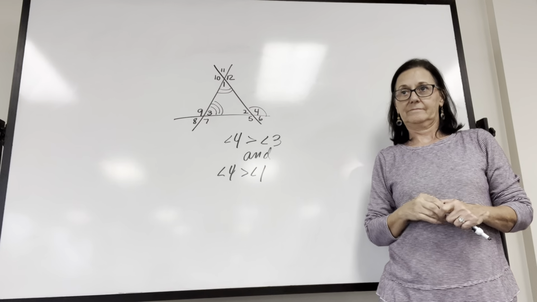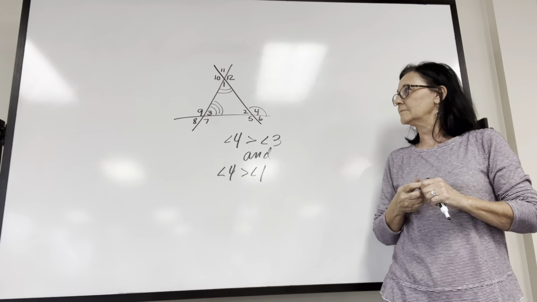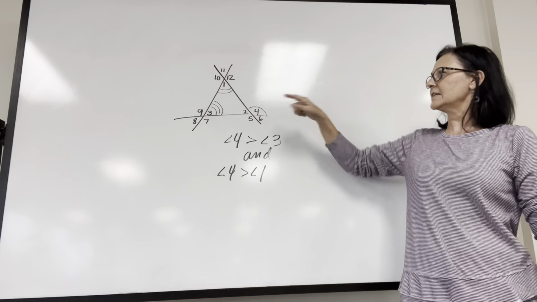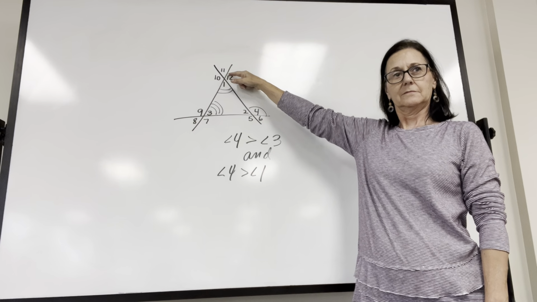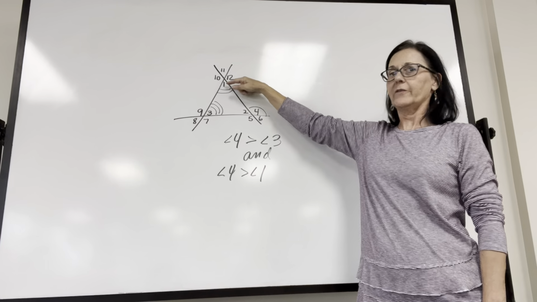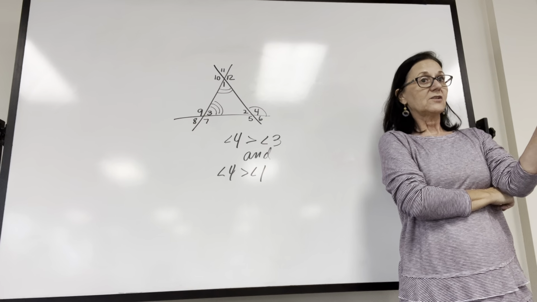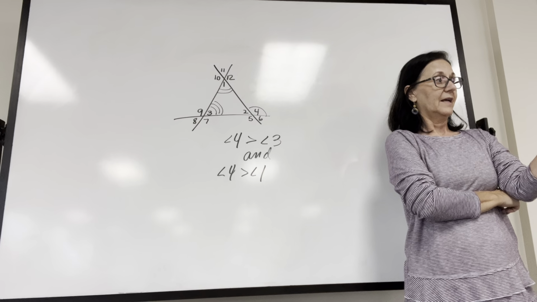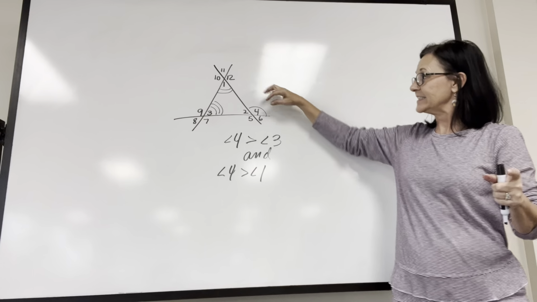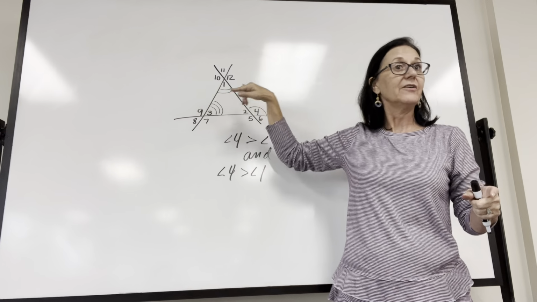Since angle 4 is greater than angle 12, and 4 is not necessarily equal to 12. Why would 4 be greater than 1 and 3, Luke? Say all the words. Yes, an exterior angle is greater than either remote interior angle.